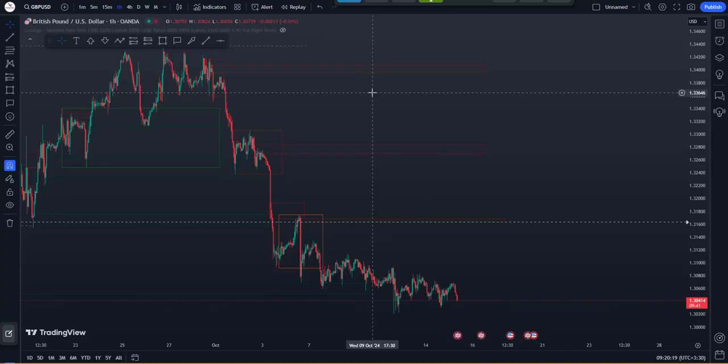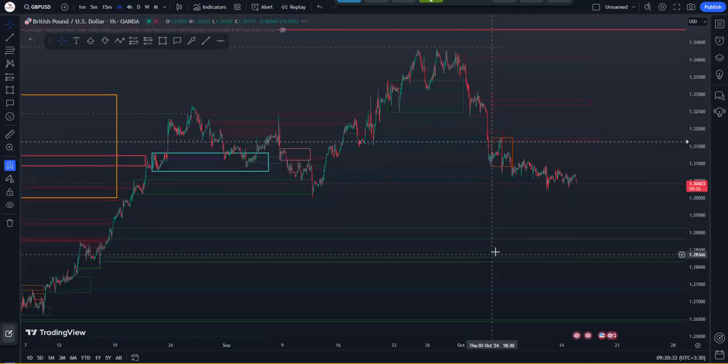So I'm waiting to see what happens to price, and if price goes there and makes some reactions inside of that, not engulfing this level, in here with some reactions, maybe I'll go short.